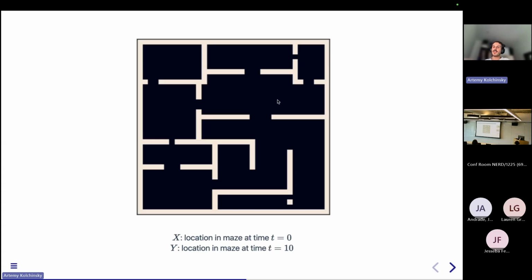So I considered a random walker in 2D. It's like a 2D maze with these walls. As the input, we're going to look at the current location of the random walker. And as the output, y, the target, we're going to try to predict the location 10 time steps later, let's say.